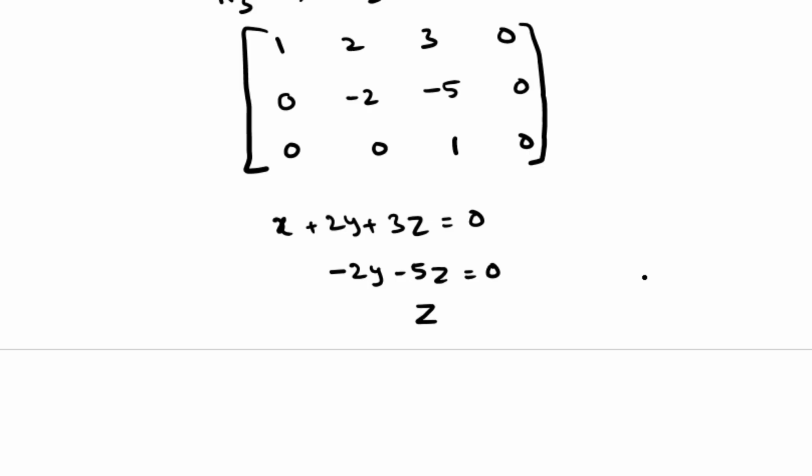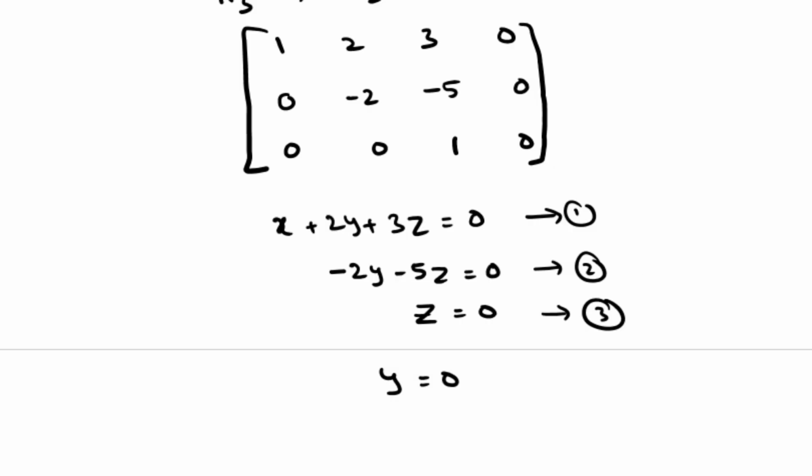And the third row indicates z equals 0. Now, if z equals 0 and we substitute in the second equation, then the value of y is 0, because minus 2y equals 0, so y equals 0.